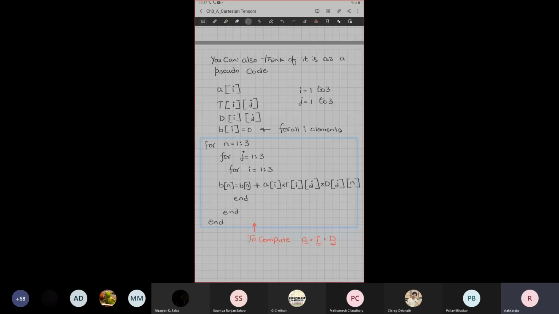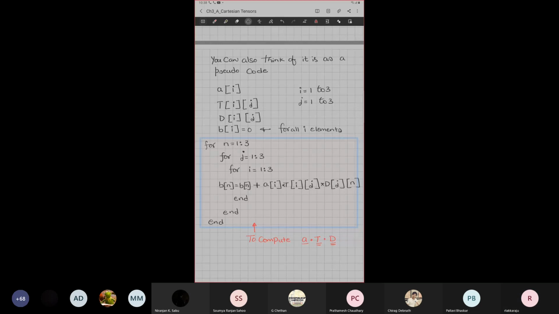T_ij, J equal to 1 to 3 and I equal to 1 to 3. This is the way we represent D_ij, again I equal to 1 to 3, J equal to 1 to 3. Now A dot T dot D, if I would like to calculate, which I am going to call B, what do I have to do?